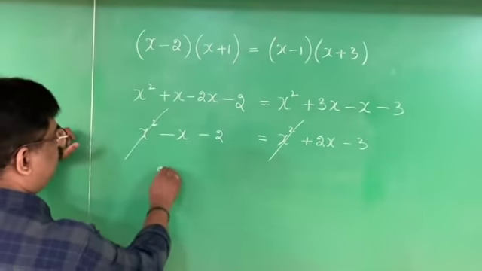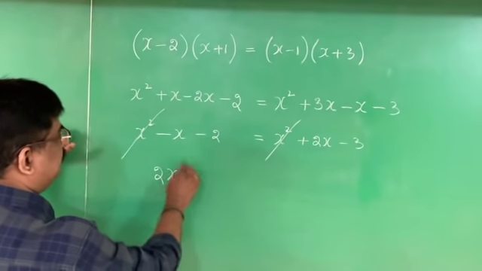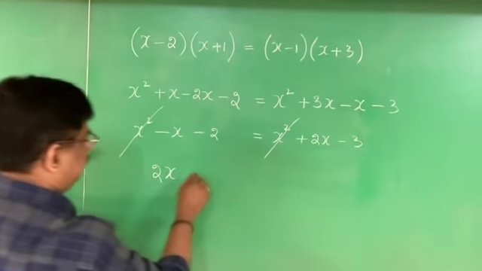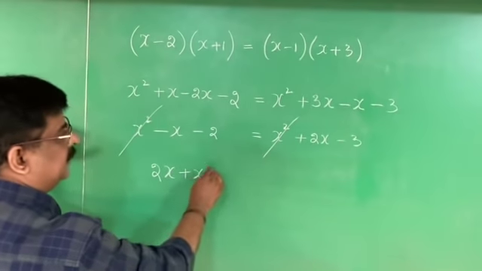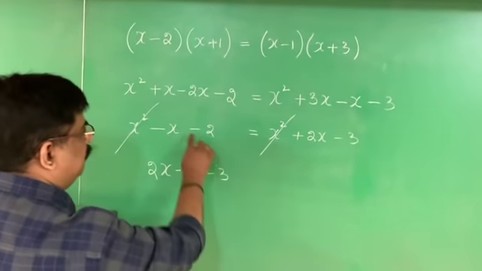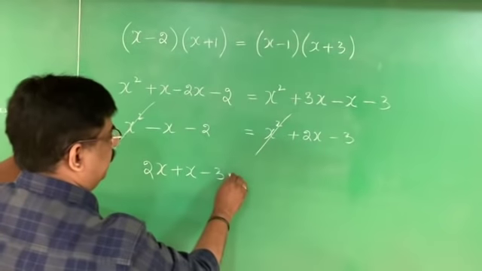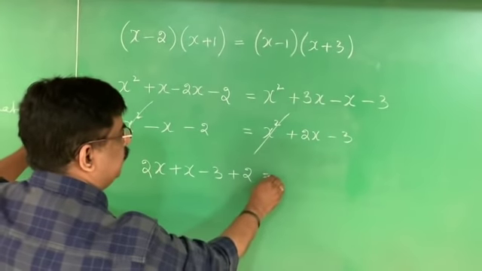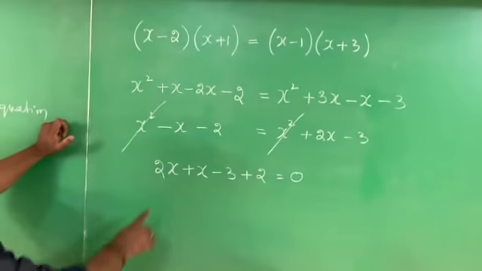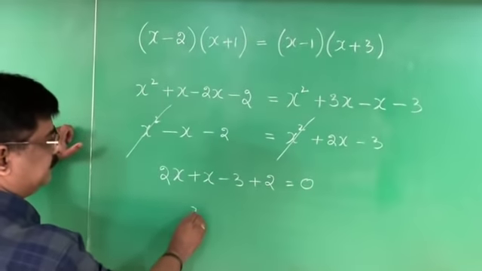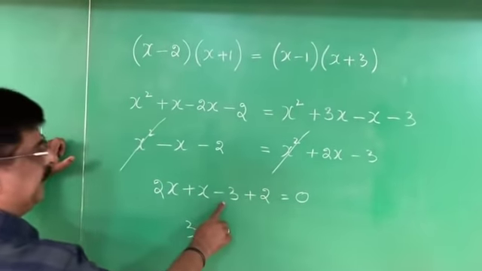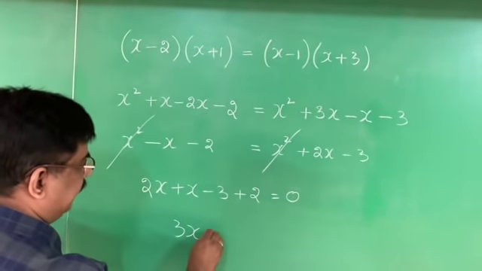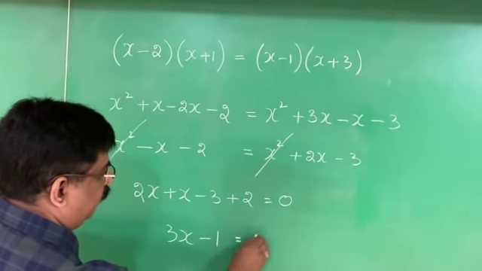So that side I write 2x, minus x is transferred to that side, that becomes plus x, minus 3 is there, minus 2 is transferred to that side, that is plus 2, equal to 0. 2x plus x is 3x, minus 3 plus 2 is minus 1, equal to 0.